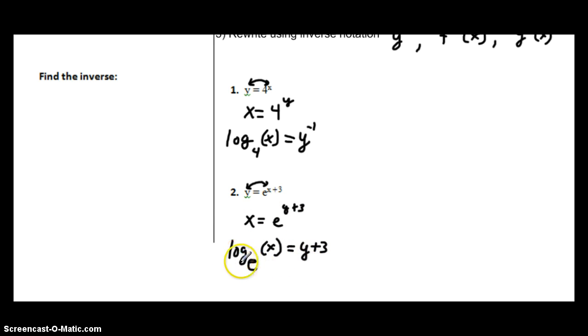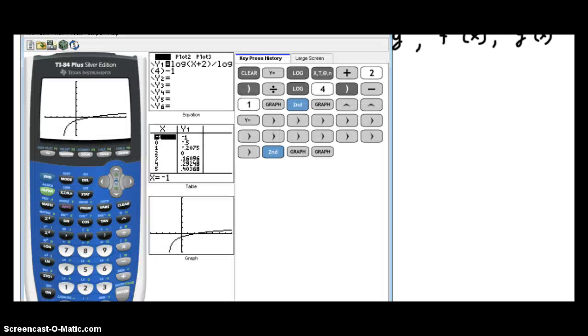Alright, so the log base e, we have to remember that e is the number 2.71828. It occurs naturally, and we also use that in our standard calculator. So we have that in our calculator, and it's called the natural log, and on the calculator it's ln. So log base e is ln. So it's this button here. Okay.